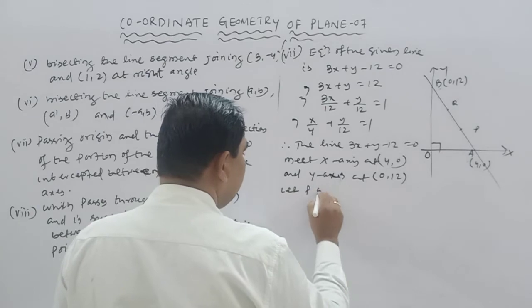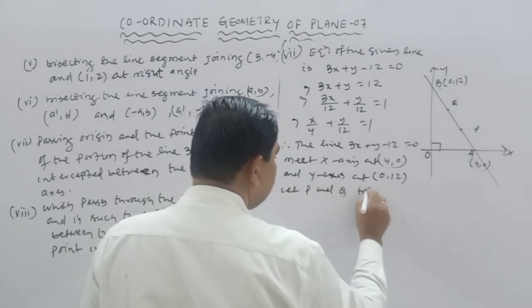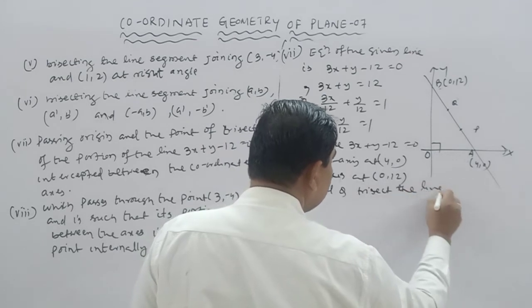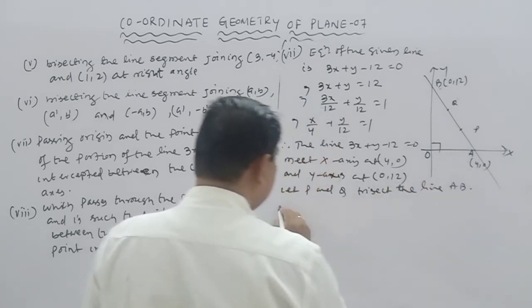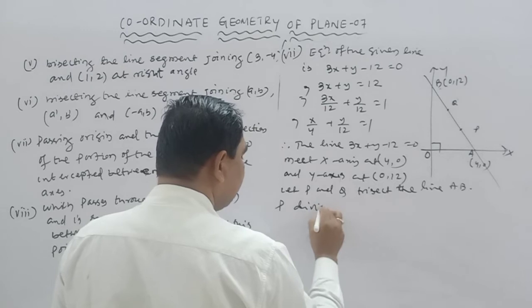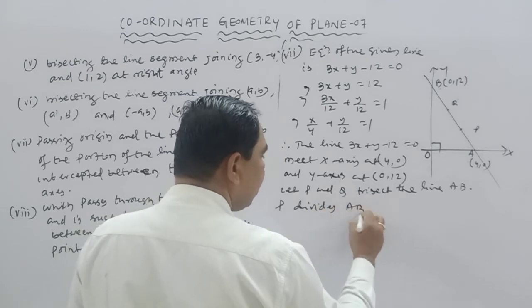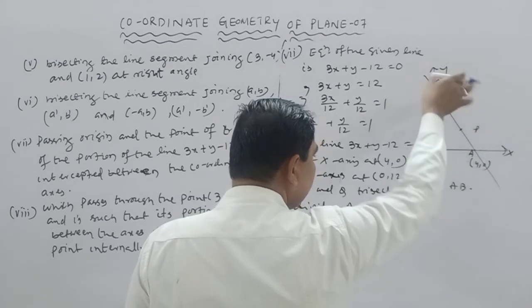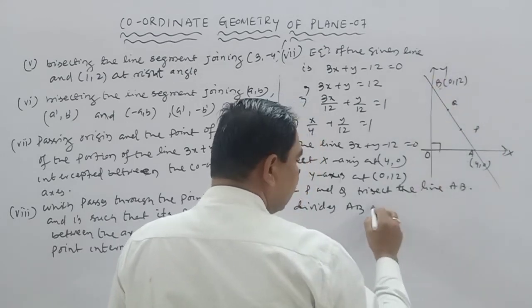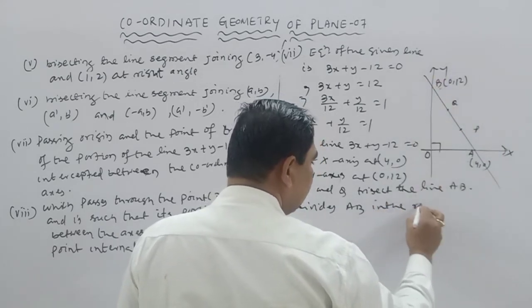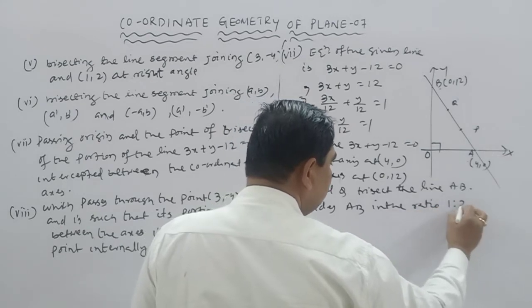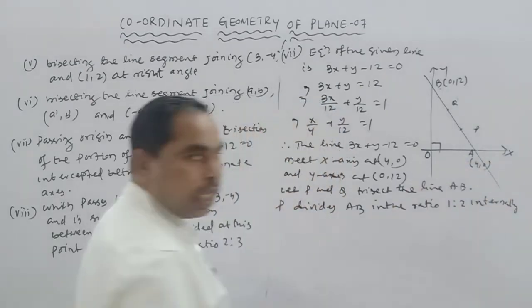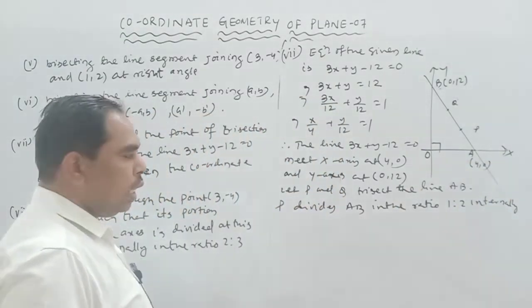Let P and Q trisect the line AB. P divides AB in the ratio 1:2 internally.